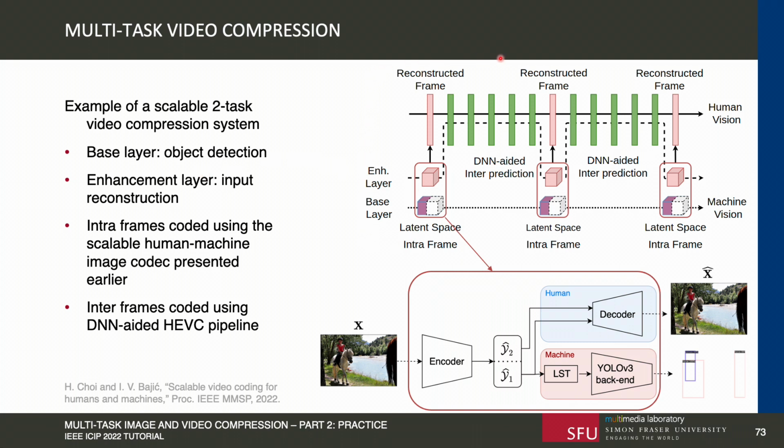What's shown here in the top right is the GOP structure of this codec. Intraframes are coded in a task scalable manner using this notion of latent space scalability, and the encoder is shown here and essentially is the same one that we presented before for image coding. Intraframe is being encoded into a structured latent space where the base layer can support object detection backend through a latent space transformation, whereas the full latent space supports input frame reconstruction.